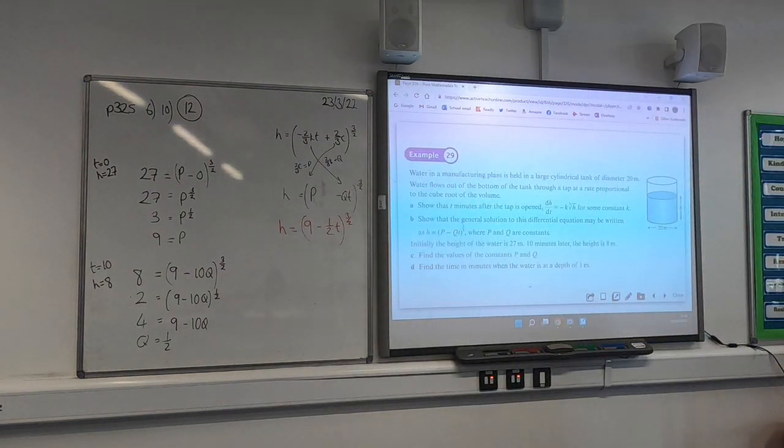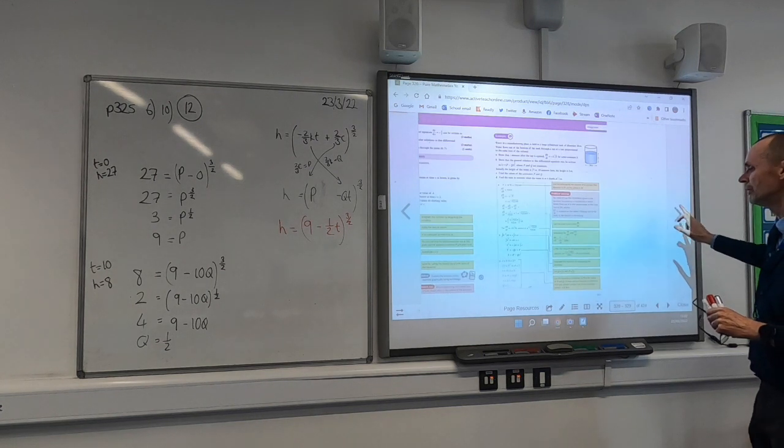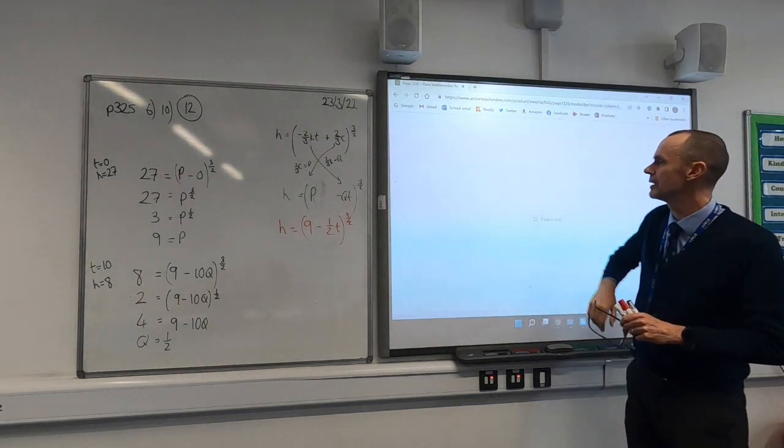So because t is 0, it's relatively easy simultaneous equations. You've just got to remember that to undo to the power of 3 over 2, you do to the power of 2 over 3. You cube root and you square. And if you did the last bit, well done, you get 16 minutes.